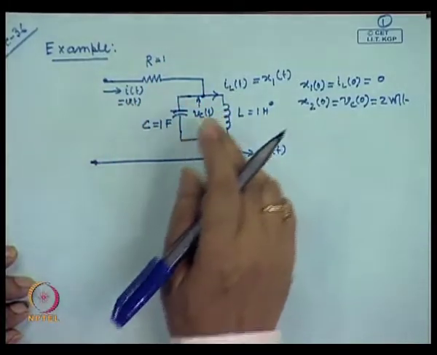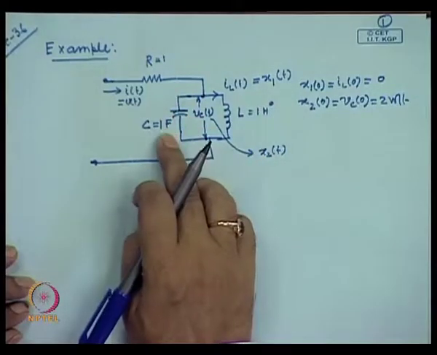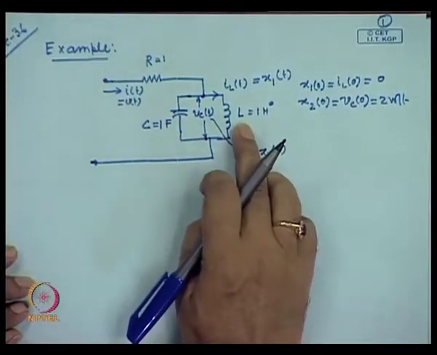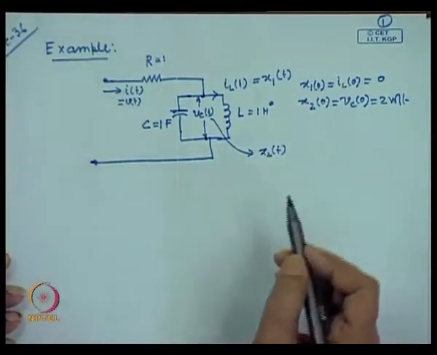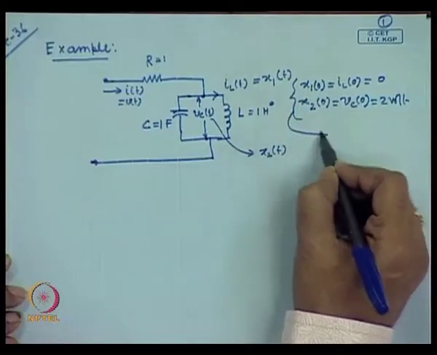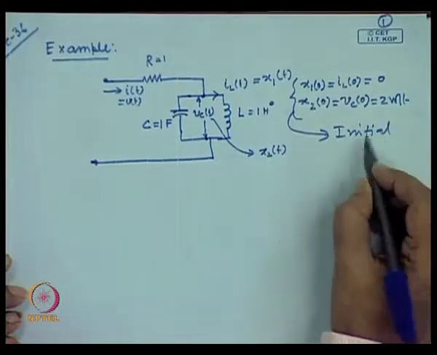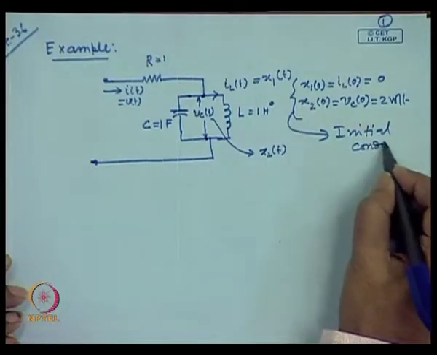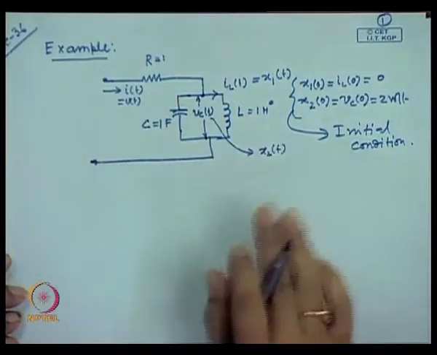Not only this, after a final time interval T f, the voltage across the capacitor and current flowing through the inductor must be 0. These are all the initial conditions for the circuit or for the system.